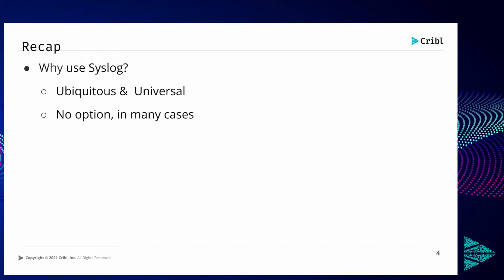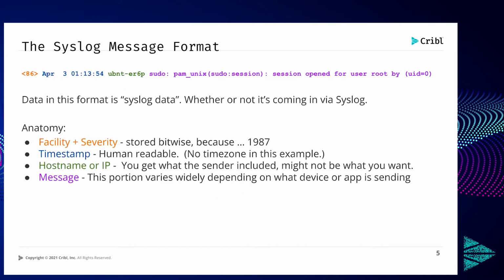So let's talk about the Syslog message format and just take a quick look at it. Here I've color-coded what is actually coming in. Now this is just one of the many formats that are available, but what they all have in common is these first three pieces. Usually if you see this written down inside of a log file, you'll see angle bracket, something, angle bracket. That's a combination of the facility and the severity.